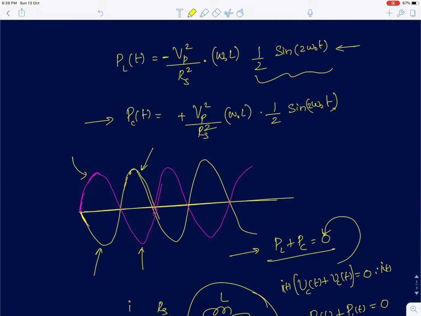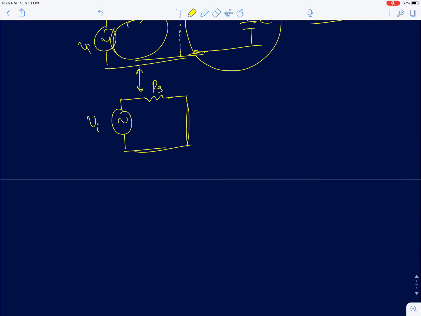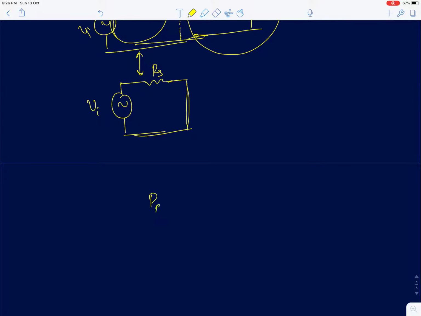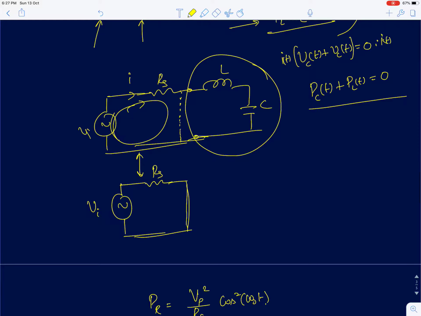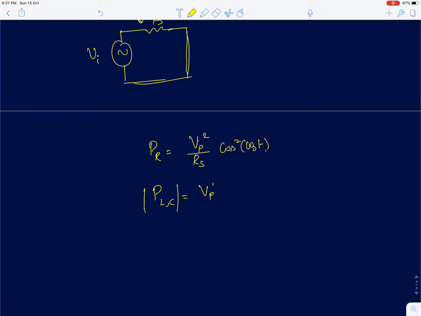There is Rs square here, sorry. So I'll write the power dissipated across the resistor, which is Vp square by Rs into cos square omega naught t, and the power dissipated across the inductor or the capacitor, of course I'll take the magnitude alone, is Vp square by Rs square into omega naught L into half sine 2 omega naught t.